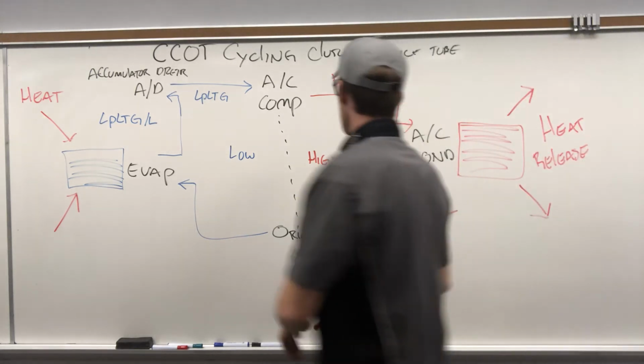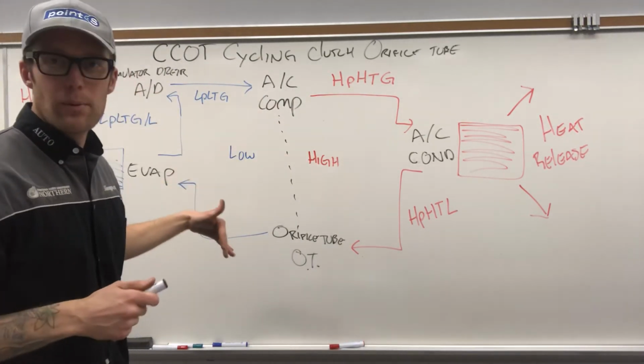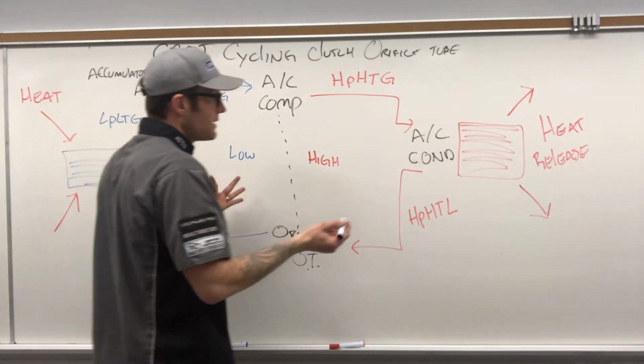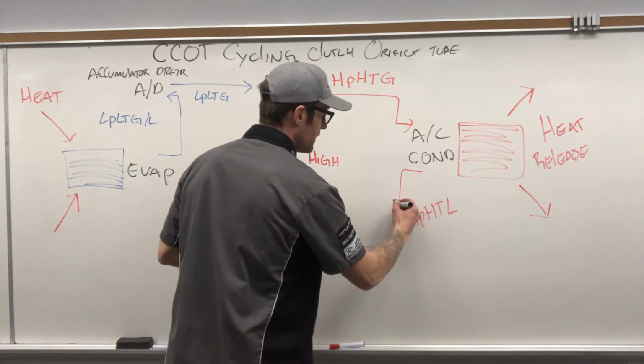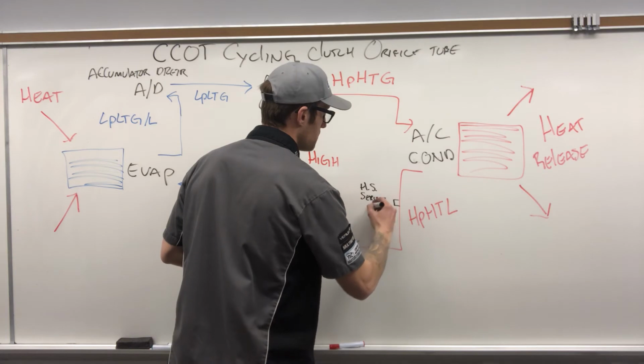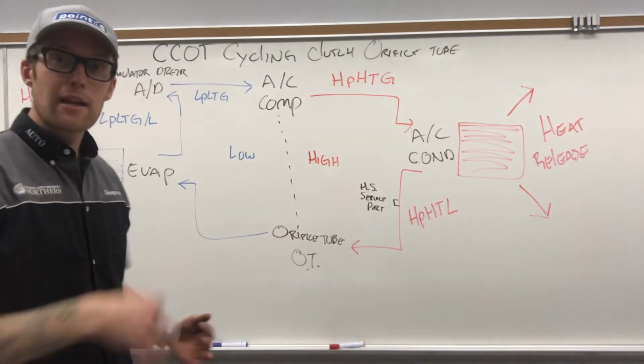So we're almost there. A couple things we need to consider is that we need to tap into both the high side and low side of the system. So really our high side service port, I'm just going to put it over here. So that'll be HS service port. It can be on the liquid side, it can be on the gas side.